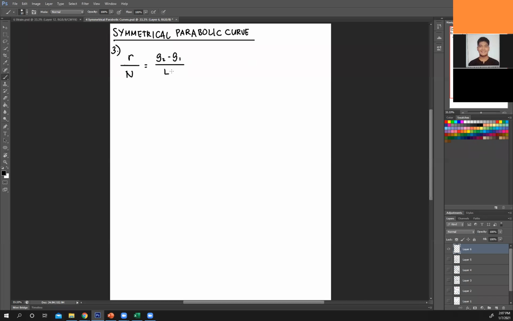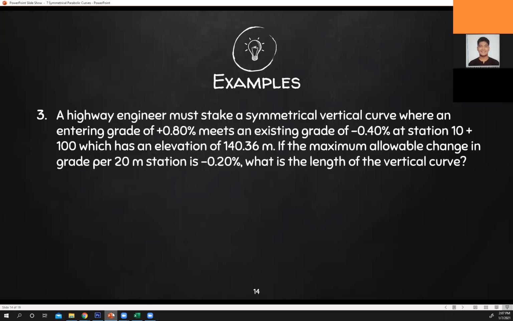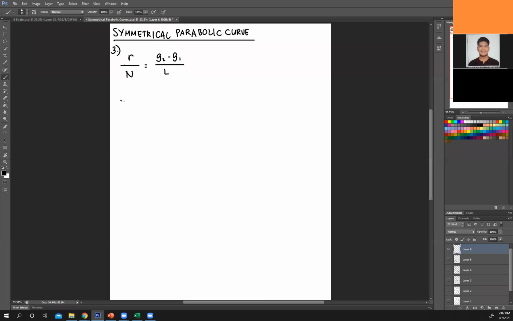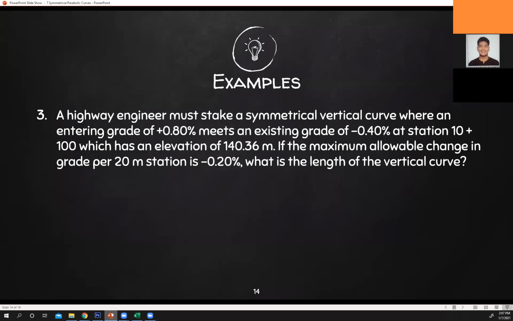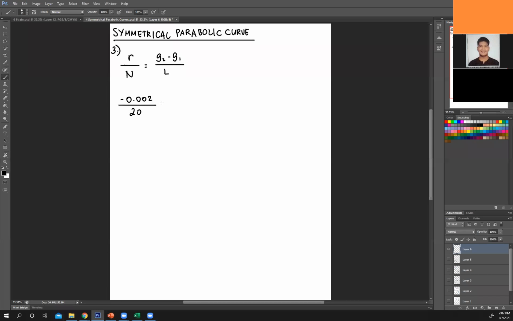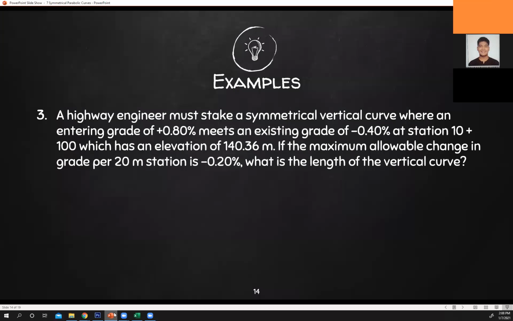And all I need is that equation. And look, R is equal to negative 0.20%. So negative 0.20. So that's negative 0.002. All over per 20-meter station. So over 20 equals G2 minus G1. G2 is negative 0.40. G1 is positive 0.80.